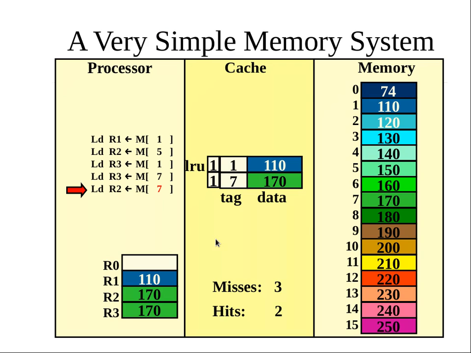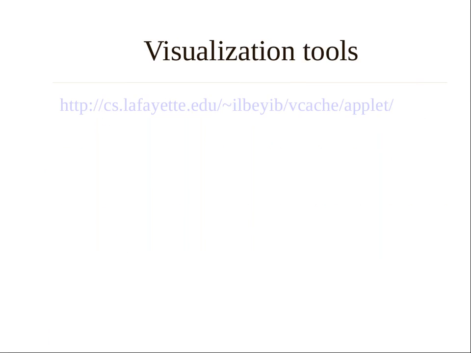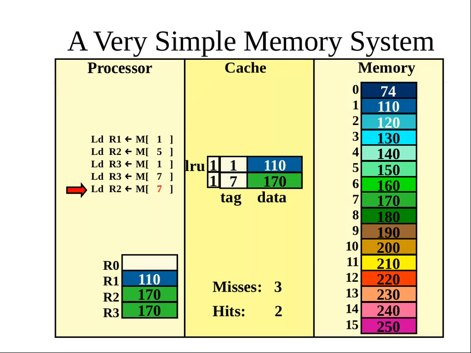Let's see. If it's a 32-bit cache, let's see what's going on here. It's a 32-bit machine, so instead of accessing 16 bytes, it's going to access 2 to the 32nd bytes of information.